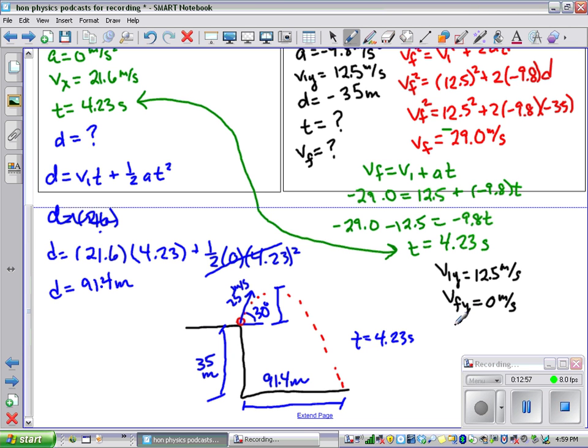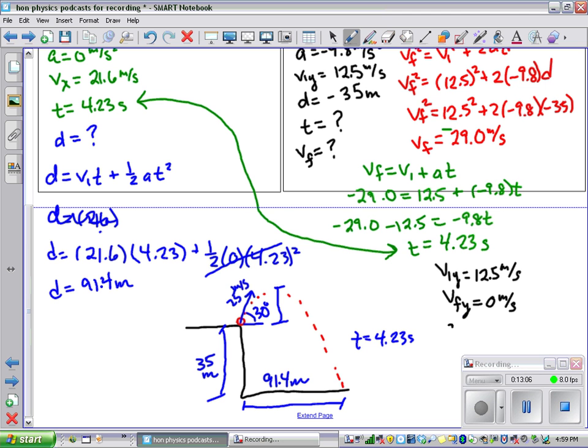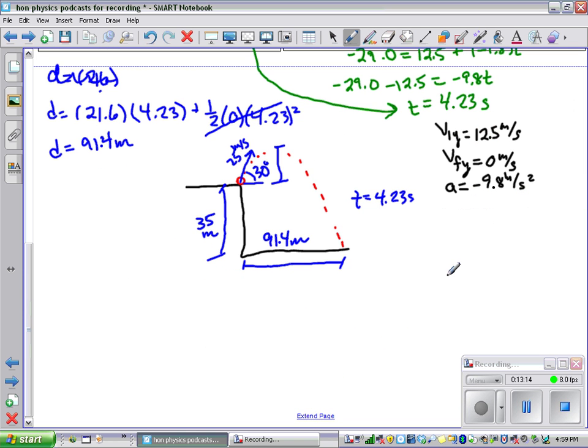D is what we want to know. A is negative 9.8 meters per second squared. And D is what we want to know.